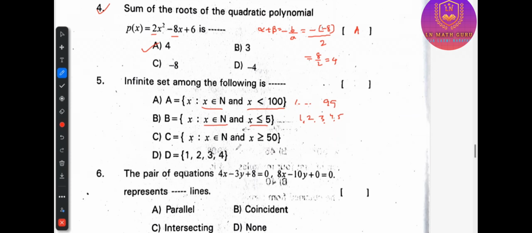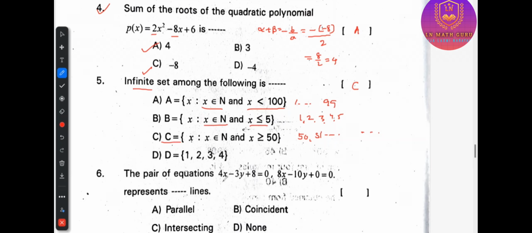The next one, x belongs to natural numbers and x greater than or equal to 50, means we can take 50, 51, and so on. There is no last number, so that's why it is an infinite set, which is option C. D is also finite, 1, 2, 3, 4 only, so I can give the answer as C.